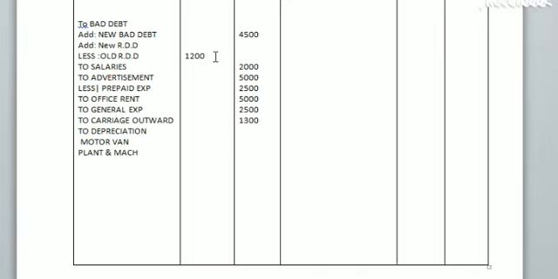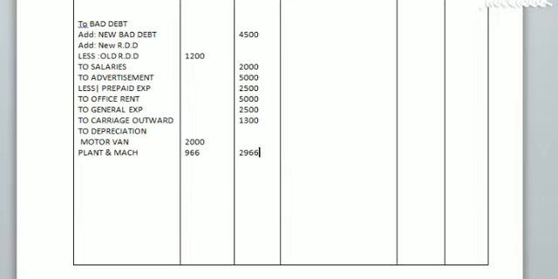Amount is 2,000 rupees of motor van, and the second is 966 of plant and machinery, and therefore the total of both will come in outer column, 2,966. So we have given the effect of this.